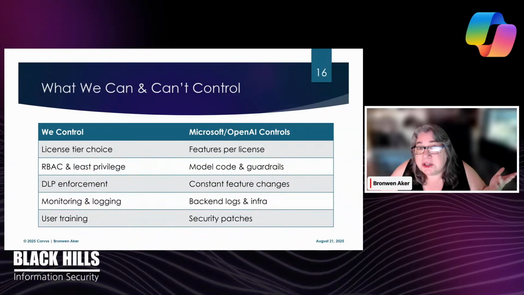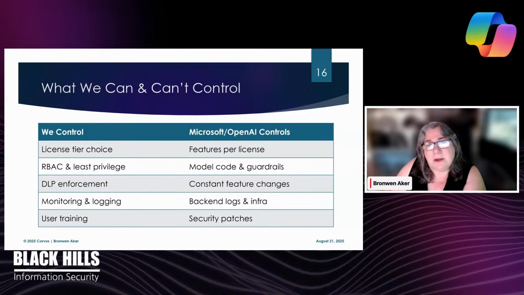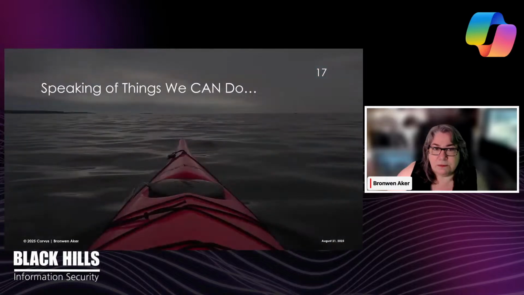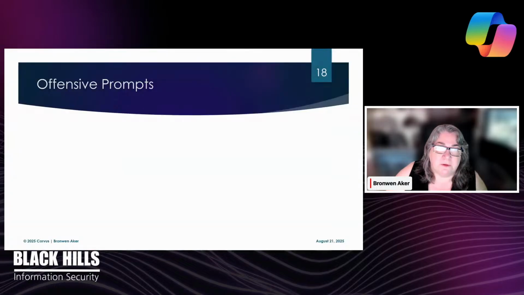And of course, security patches. Did you know that within the recent past there was a problem with Copilot and Microsoft just kind of patched it and didn't bother to tell anybody? No CVEs were issued, no nothing. I expect there will be a lot more of that. So just be aware and do the things that you can do to protect yourself.